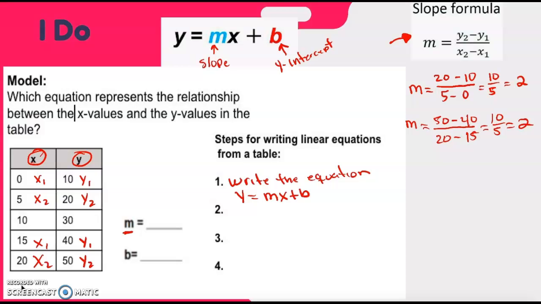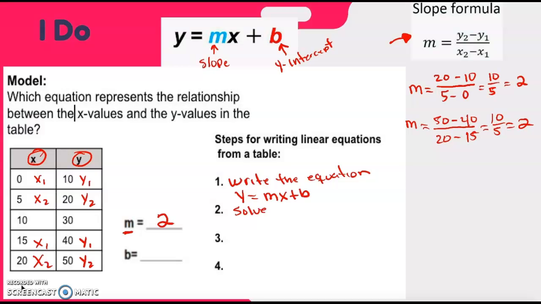So regardless of which numbers you select off the table, as long as you pick the right columns and don't skip in between, then you should be okay. So therefore, our value for m, or slope, is 2. That would be step 2.